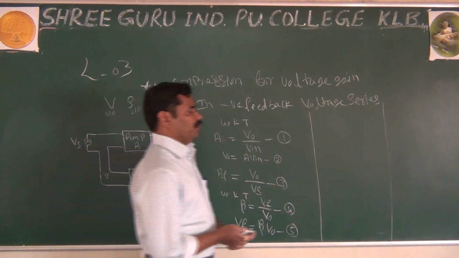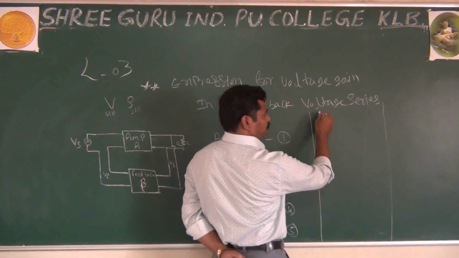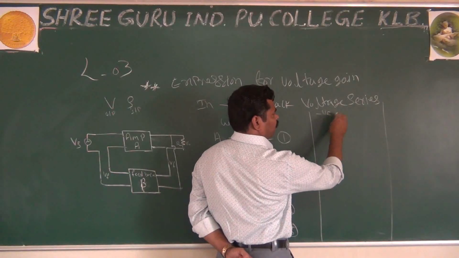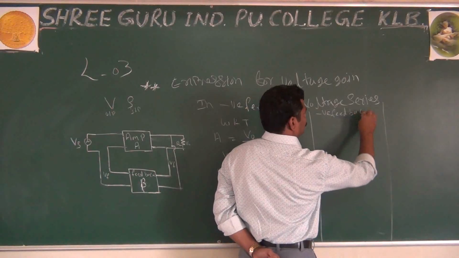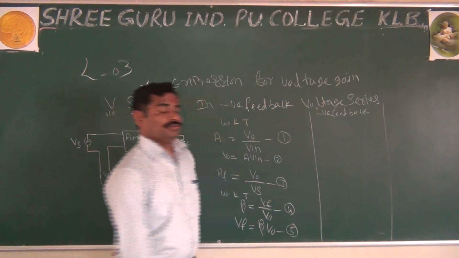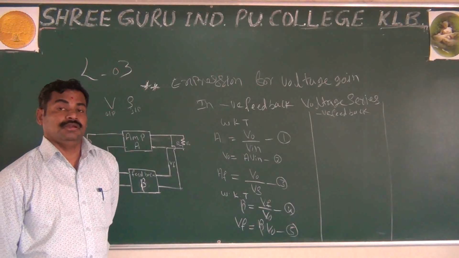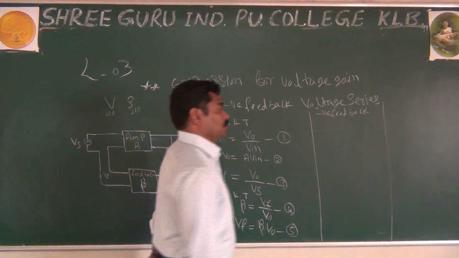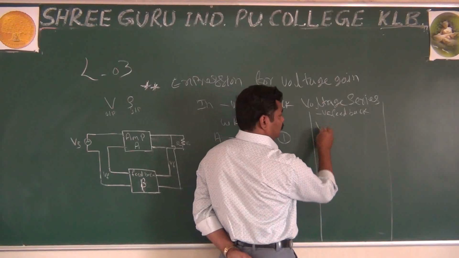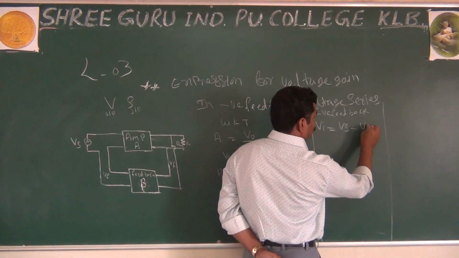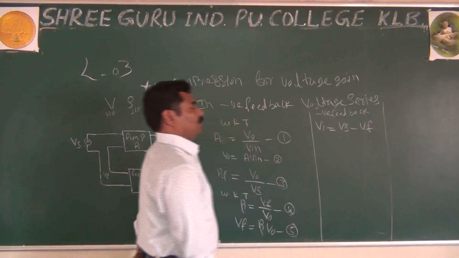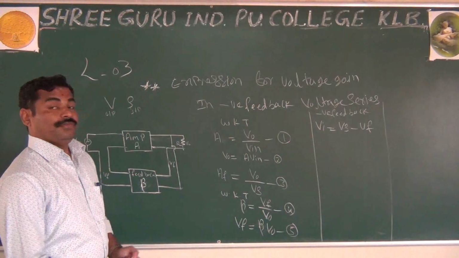And if you use negative feedback in an amplifier, then what happens? As we know, negative feedback will decrease the input voltage. That's why I can write Vi equal to Vs minus Vf, because you are going for negative feedback.